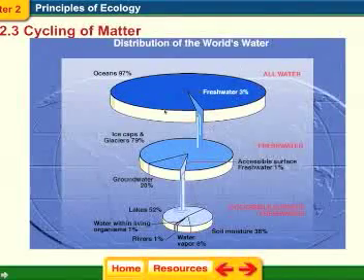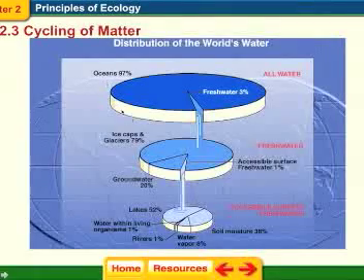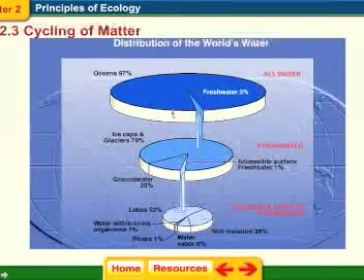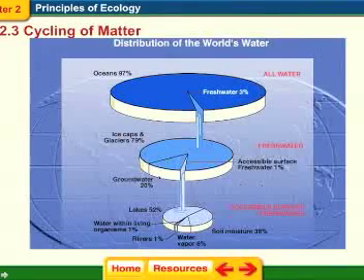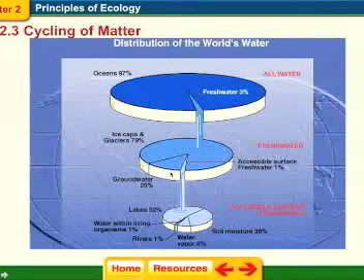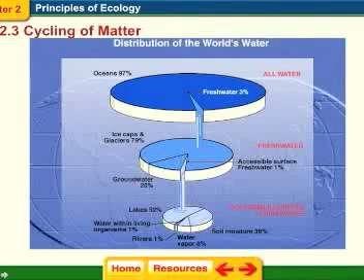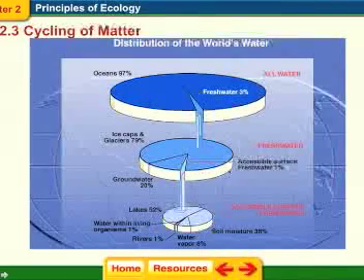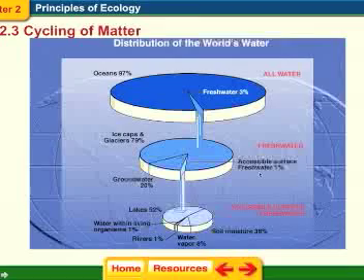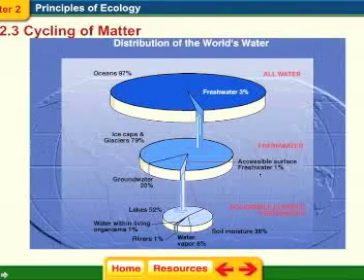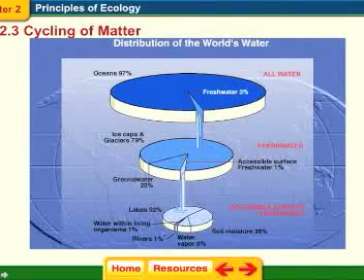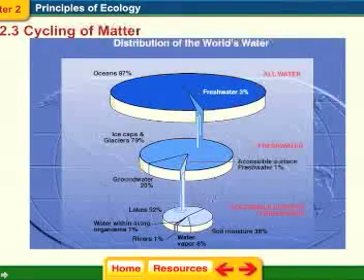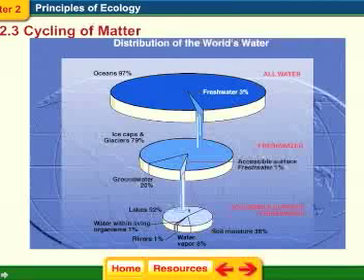Here's a diagram: oceans make up 97% of the water on the earth. The fresh water is just this tiny little bit. Of that tiny little bit, most of it is in the ice caps and glaciers. 20% of it is in groundwater, and we actually only have 1% of our water that's accessible to us at any given time, and that's in the form of lakes, rivers, living inside of organisms, soil moisture, and water vapor.